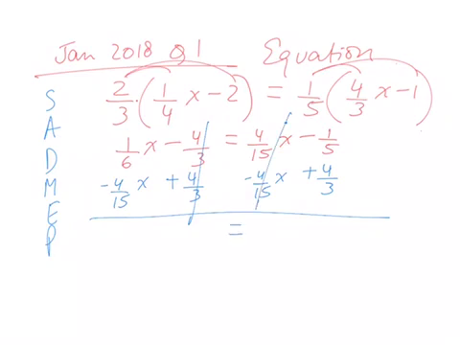So we end up getting, let's simplify this, negative 3x over 30, which is negative 1/10 x. And on this side we get 17 over 15, right? So we can simplify this. So let's multiply 10 on both sides.